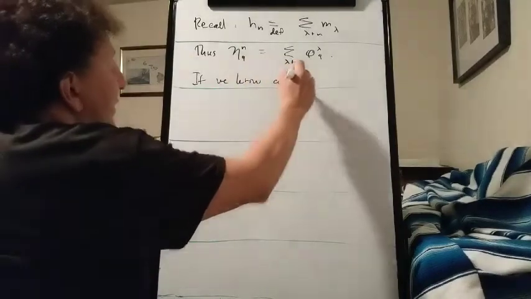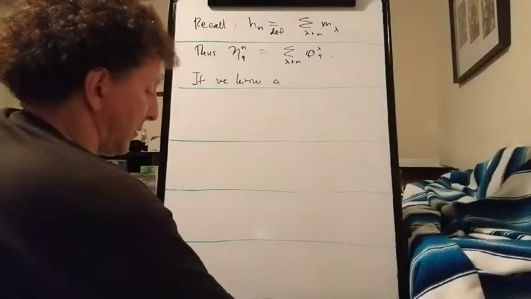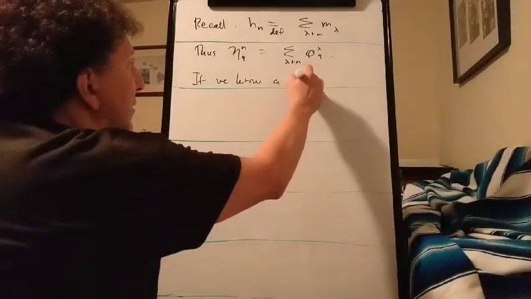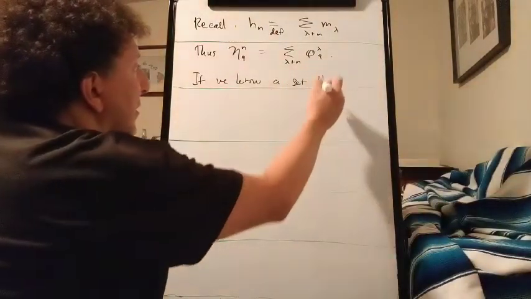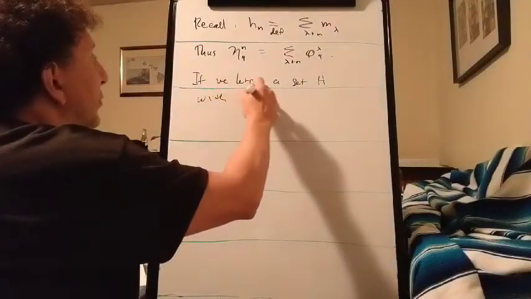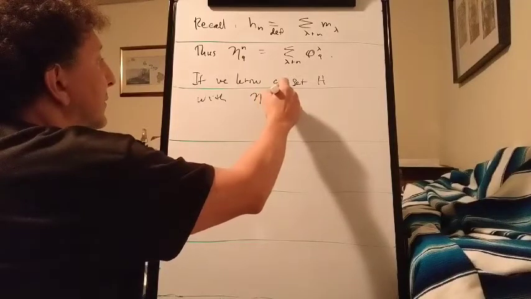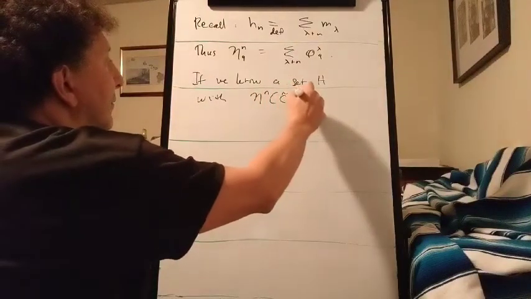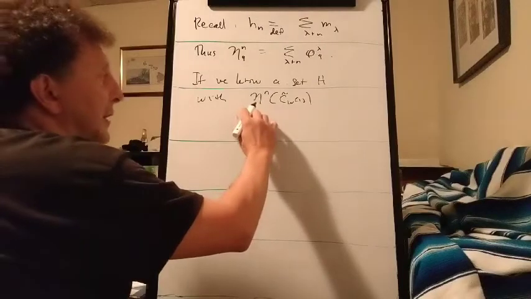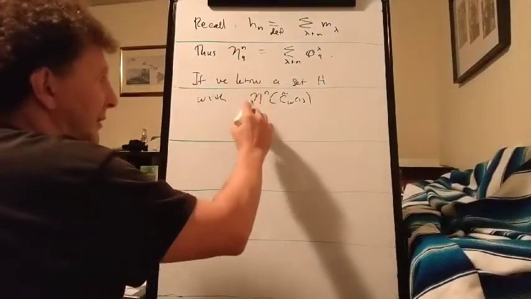So if we know a set H with, say, the induced trivial character, actually with n it's just a trivial character.